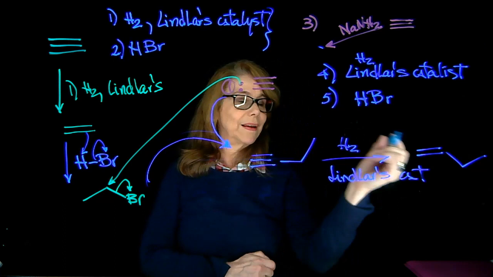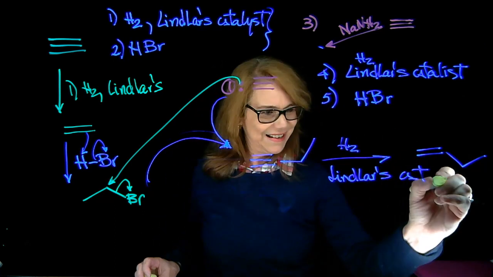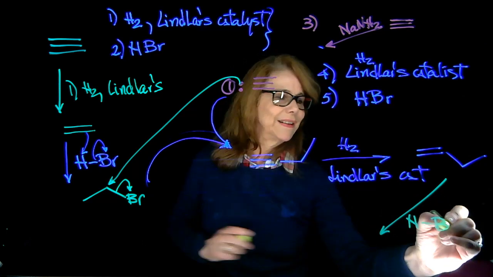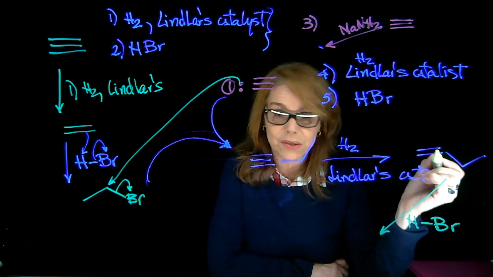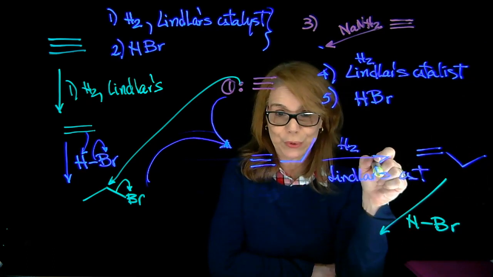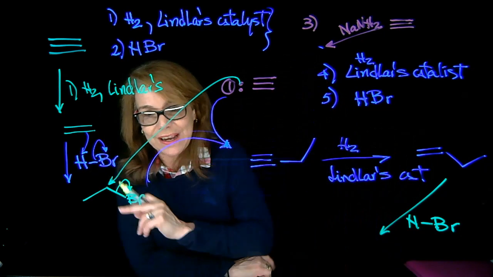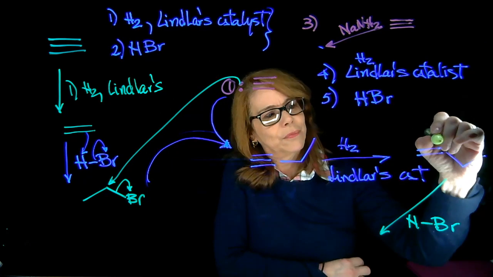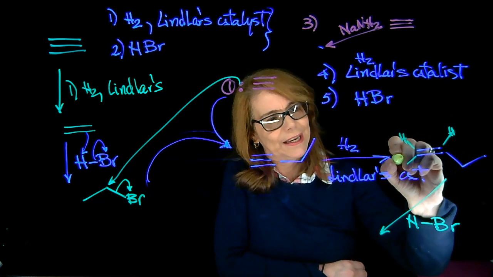And then it says perform reaction 5, which is HBr. So it is another addition of HBr. This time, we have to pay attention to where we put the hydrogen. Previously, we had no substitution at ethylene, but now we have substitution here.